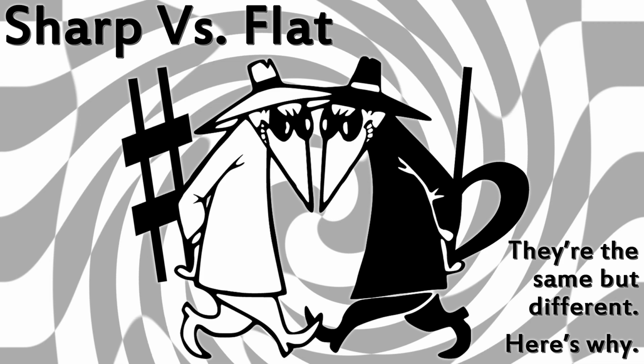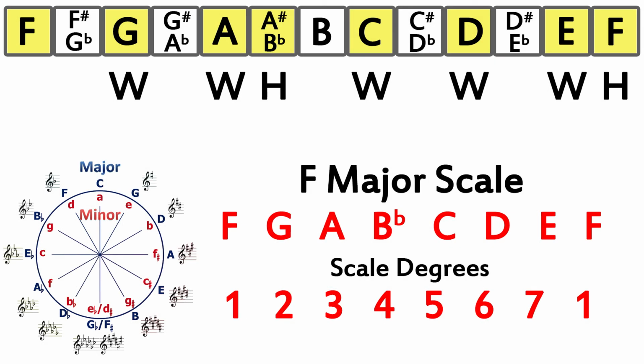Knowing that, let's see what happens if you take F major and replace the B flat with an A sharp. While F major contains the notes F, G, A, B flat, C, D, and E, corresponding to our 1, our major second, our major third, our perfect fourth, our perfect fifth, our major sixth, and our major seventh.